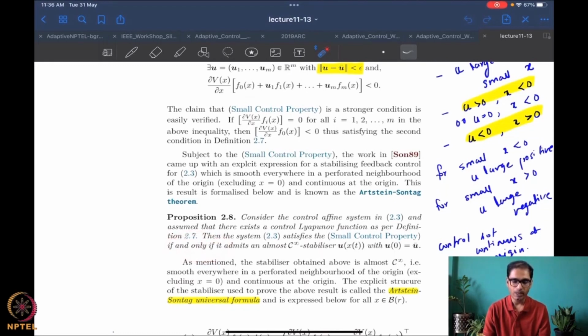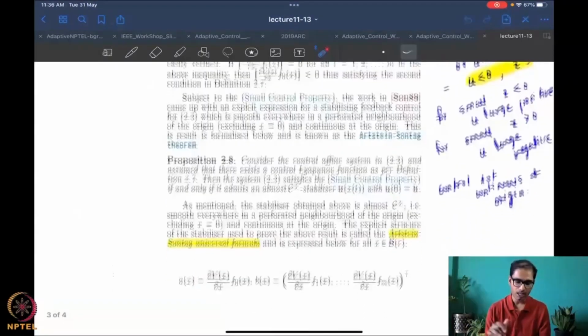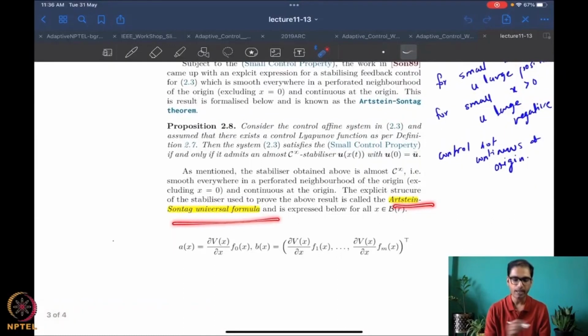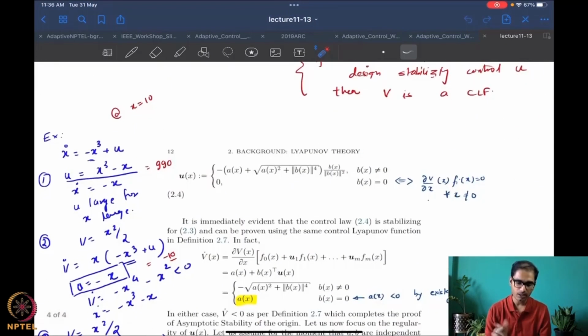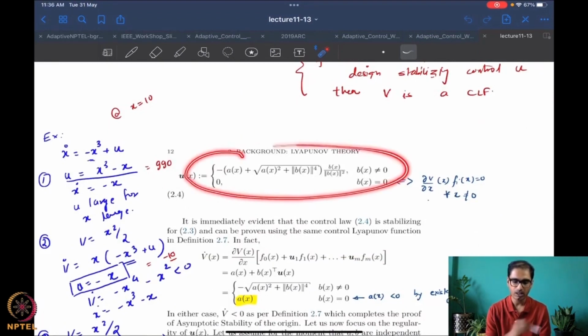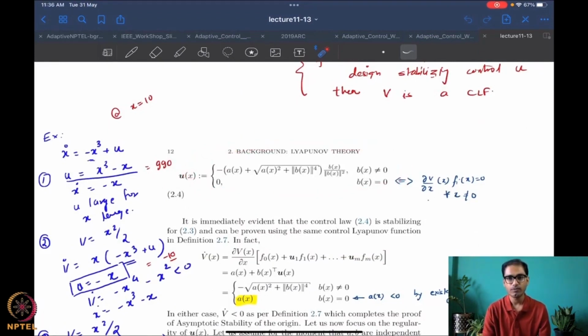The one side of it, that is, if you know that a function V is a control Lyapunov function, then the Arstein-Sontag universal formula actually gives us a way of constructing an almost C infinity stabilizer, which means that the control so constructed is in fact smooth everywhere but at the origin, which is the equilibrium, where it is continuous at least. And so there was a nice expression for such a control law, right?